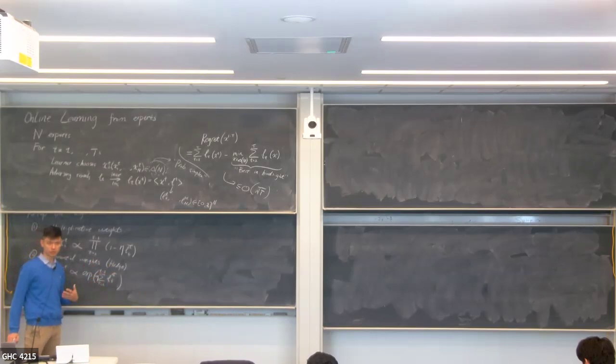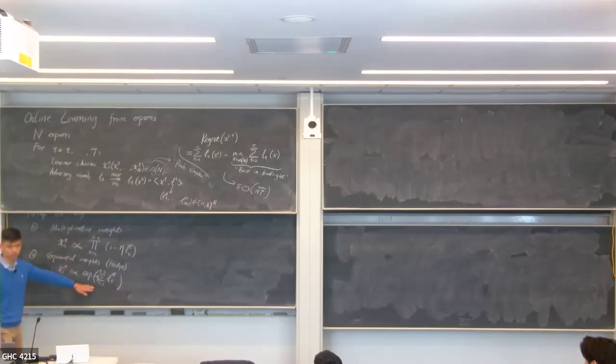I'm going to put overwhelmingly more probability on the expert that has suffered less loss. I make that probability overwhelmingly large by taking the exponential, which blows up quickly. So the probability I put on each expert is proportional to the exponential of negative cumulative loss.